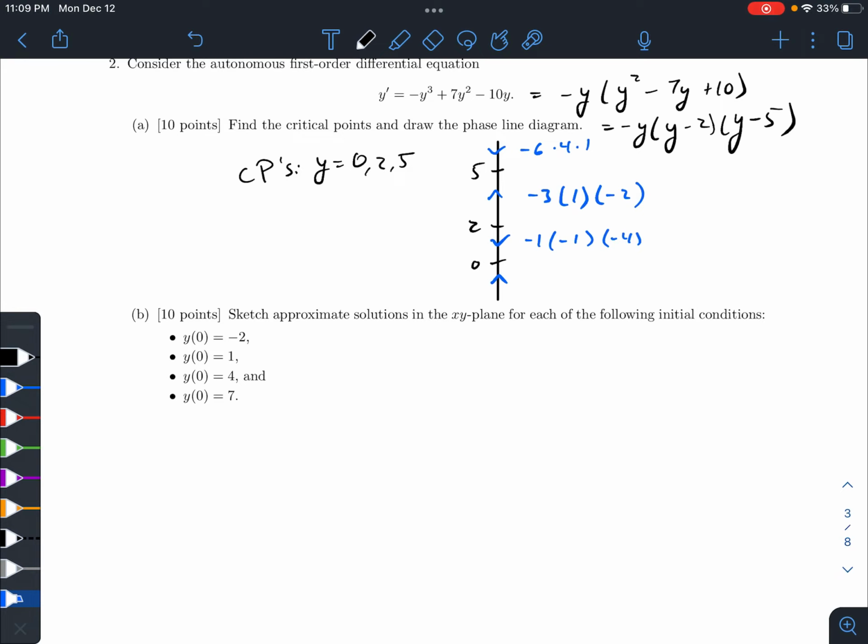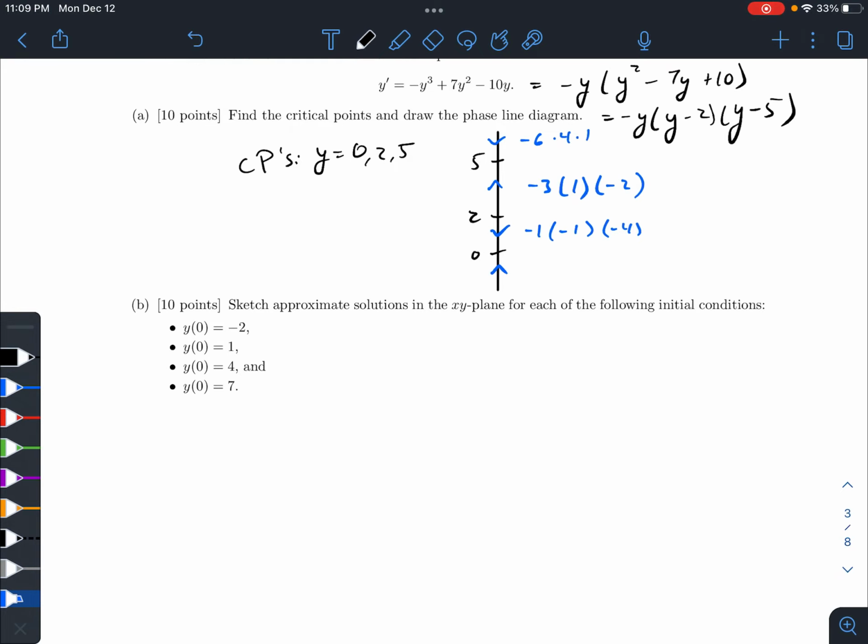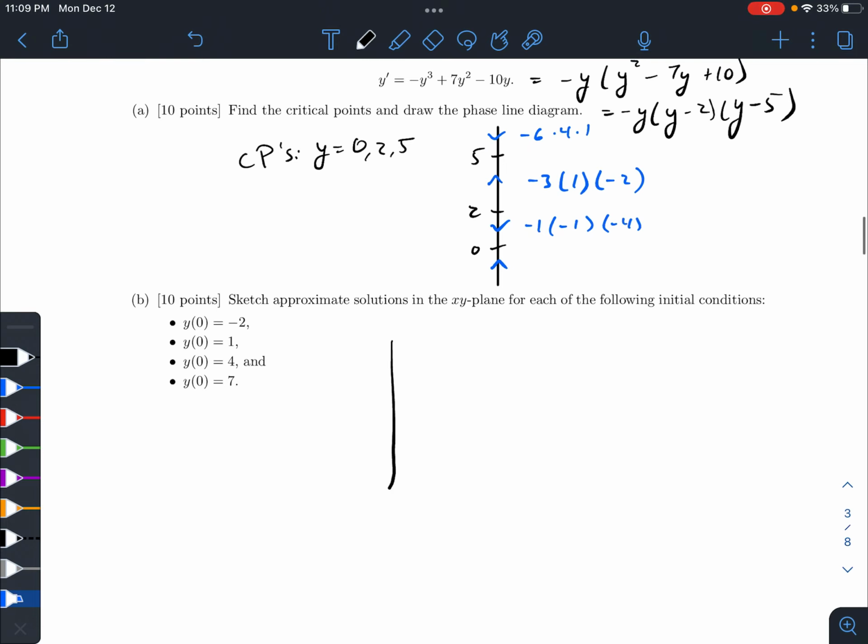All right. So if we want to sketch some solutions for the following initial conditions, so 0, 2, 5 here.